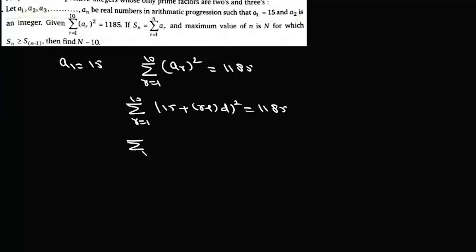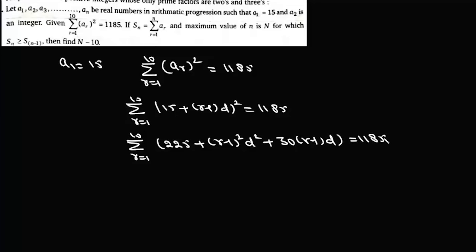Now we can write this as summation r varies from 1 to 10, 225 + (r − 1) square into d square + 30(r − 1) into d, and this is 1185. Now we take this summation.